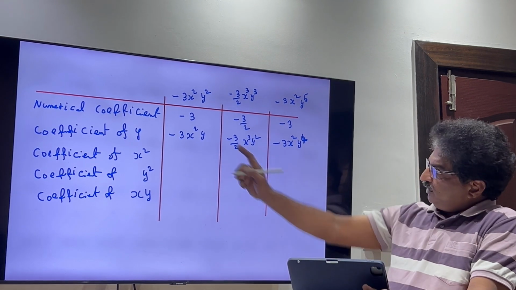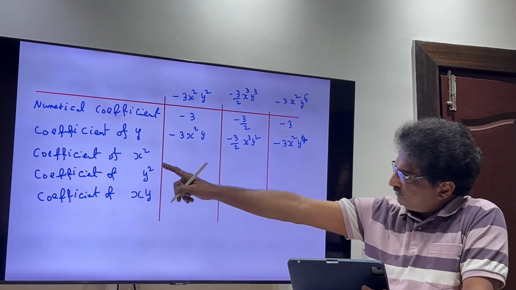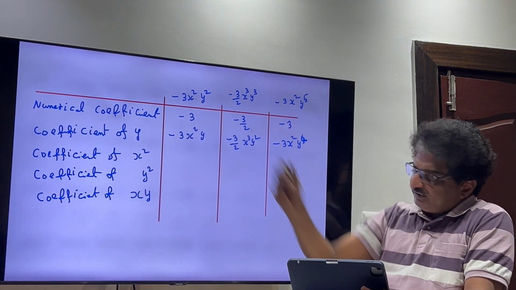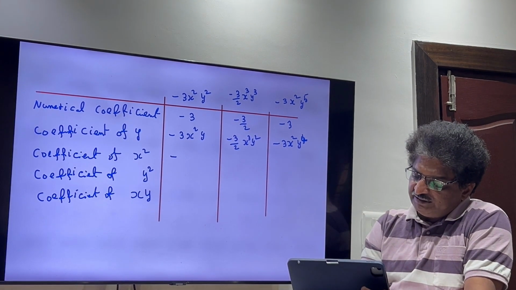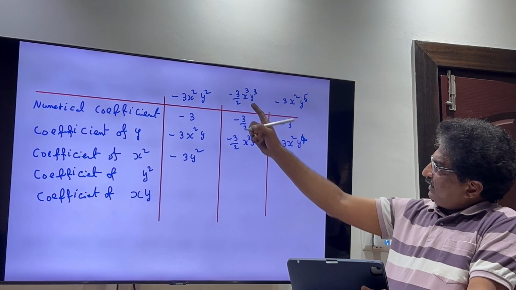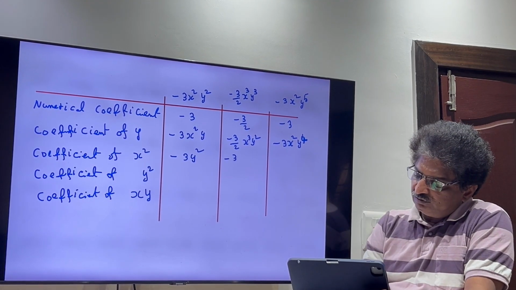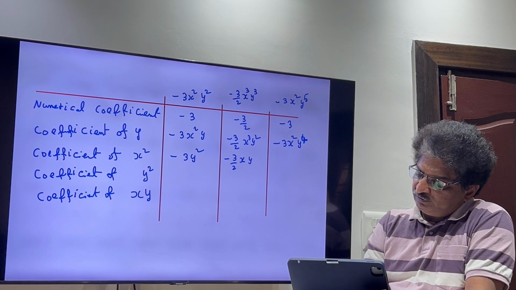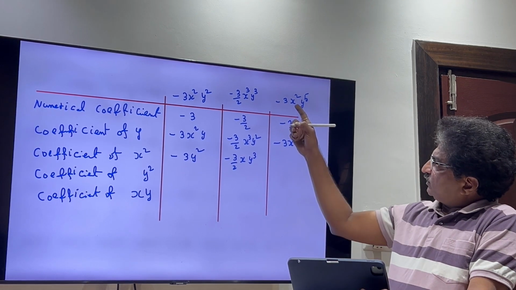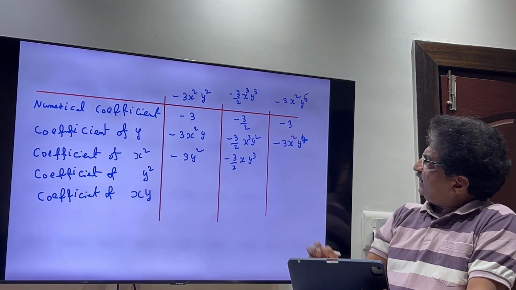Next, coefficient of x square. What is the coefficient of x square here? Minus 3y square. Here in this one, coefficient of x square equal to minus 3 by 2 x y cube. Here coefficient of x square equal to minus 3y power 5.